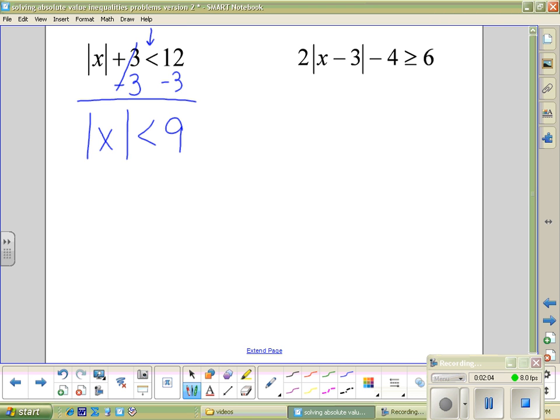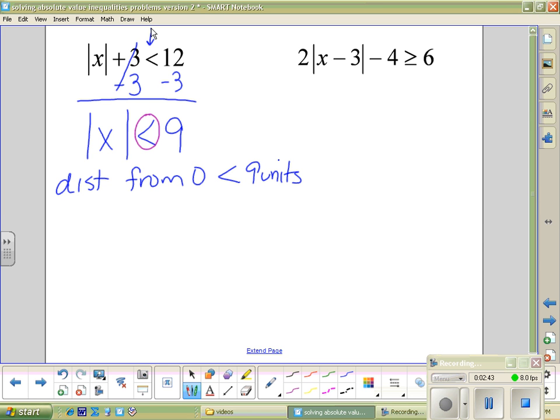Okay, now you take a look at the inequality symbol once the absolute value bars are isolated, and I can see this is a less than inequality. So I know I'm going to end up with a line segment when I end up graphing this. So the absolute value of some unknown number, you can think of it as the distance from 0, has to be less than 9 units.